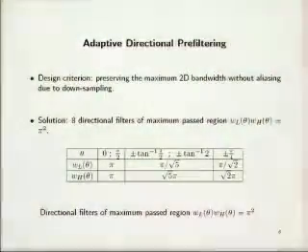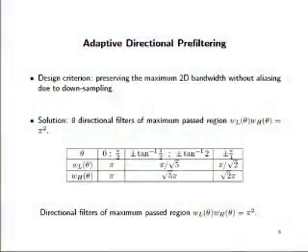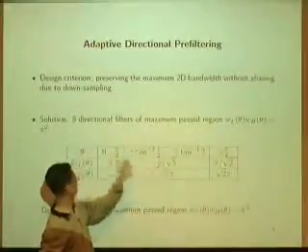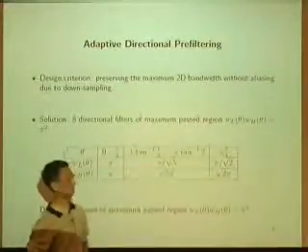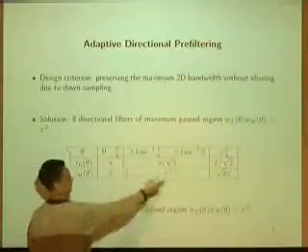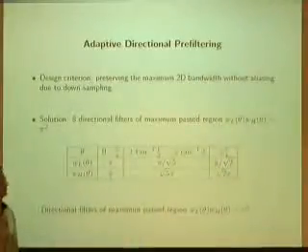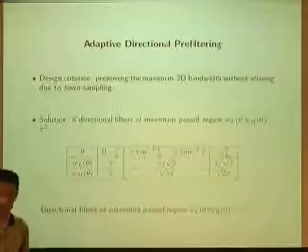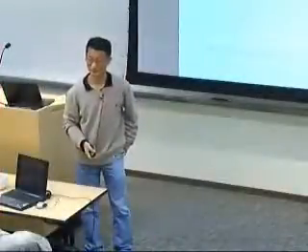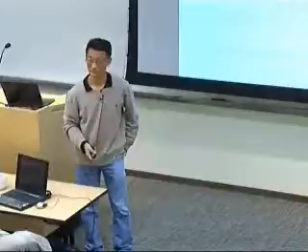So you have WL pi over √5, and this is √5 times pi. So we're basically saying the area of the filter pass, as long as it's pi squared, then we're guaranteed to have no aliasing.